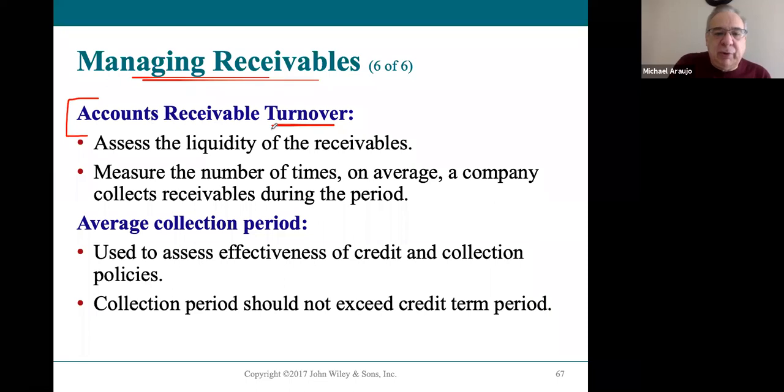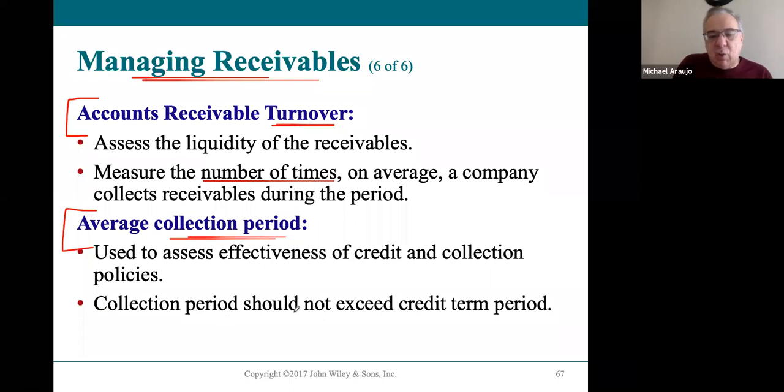So an accounts receivable turnover really measures the number of times per year that a company's been collecting those receivables. Again, 12 is normal for 30 days. Once you've calculated the accounts receivable turnover, you can simply put that number under 365 to get the collection period, the actual number of days that they had to wait to collect.